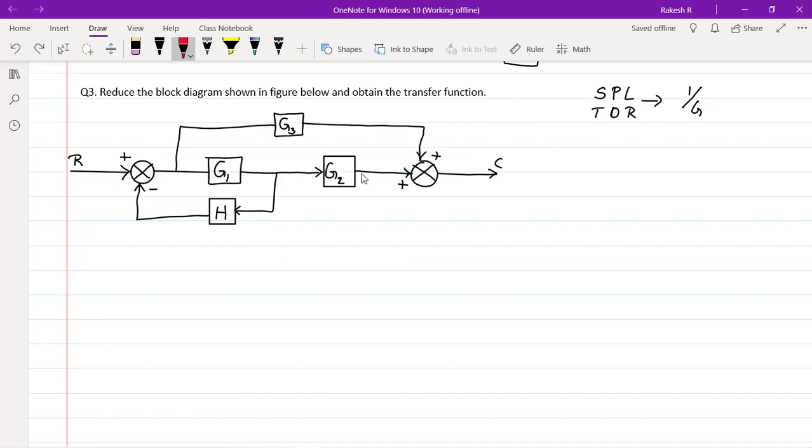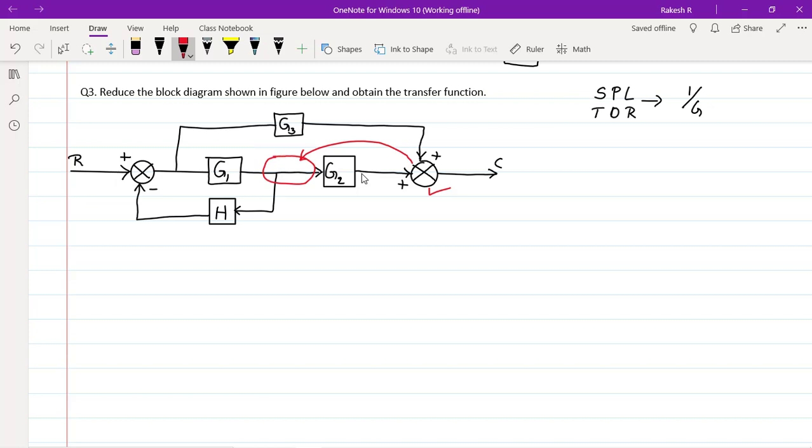Right. Next summing point is this one. I'll move this summing point towards the left, that means before G2. When I move it before G2, there will be one takeoff point and one summing point again.